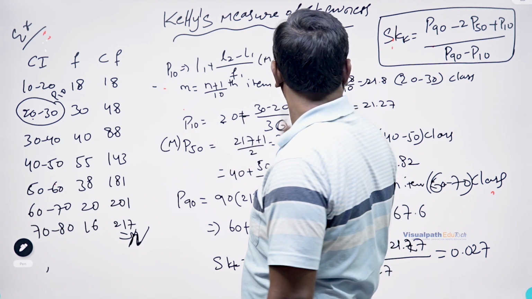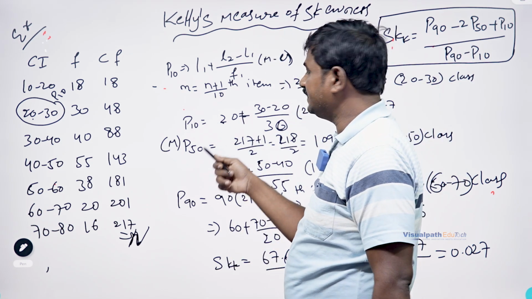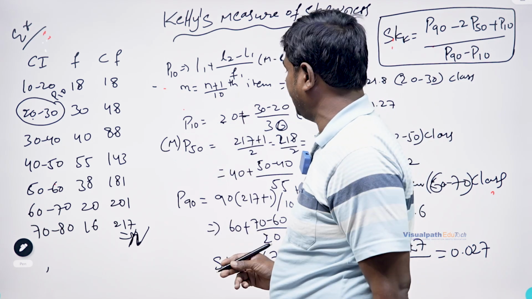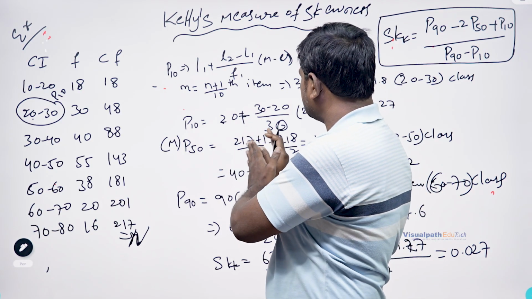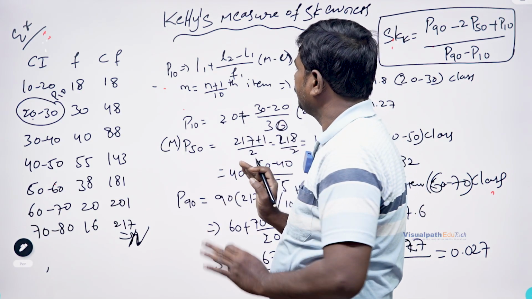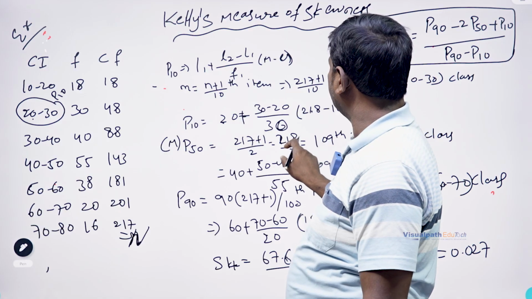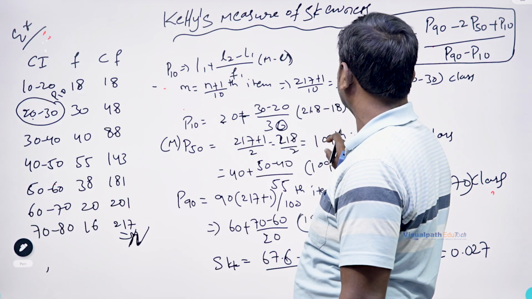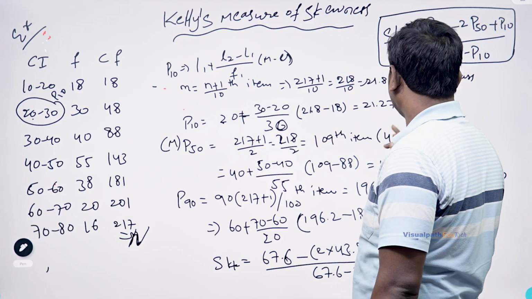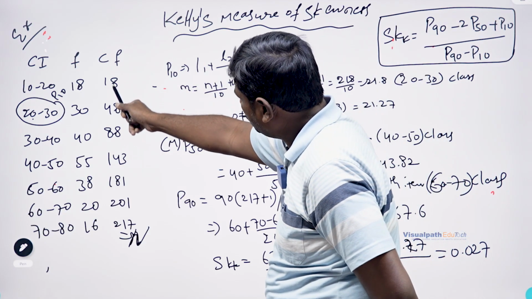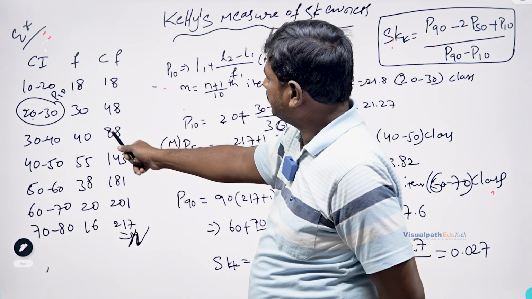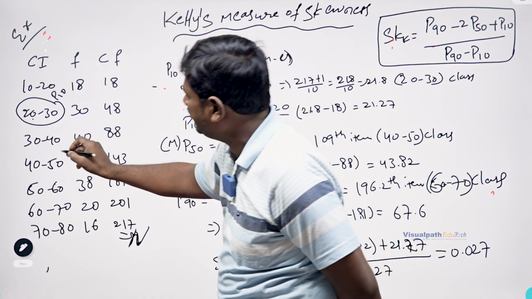Then afterwards, we need P50. P50 is equal to the median. So P50 is the (217 plus 1) by 2th item, that is 218 by 2, the 109th item, which we take into consideration. Checking the cumulative frequencies 18, 48, 88, 143, the 109th item lies in the class 40 to 50, so P50 exists in this median class.